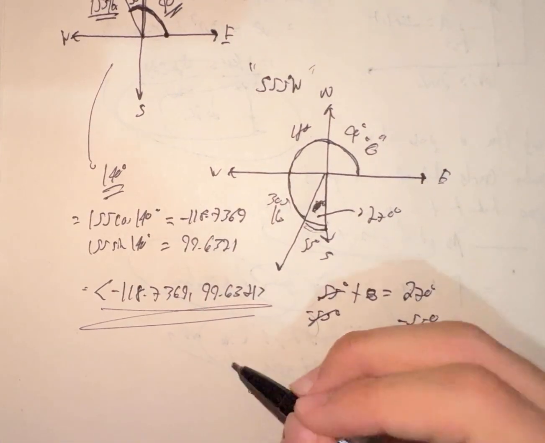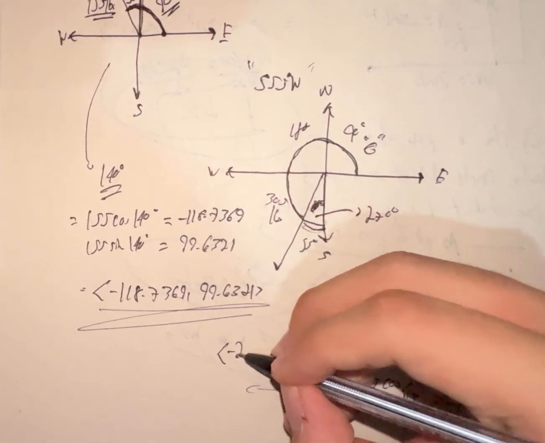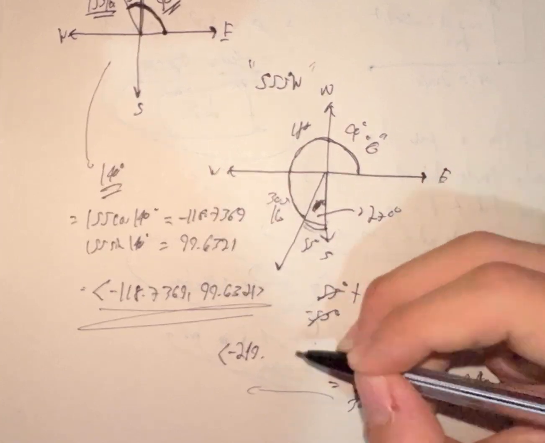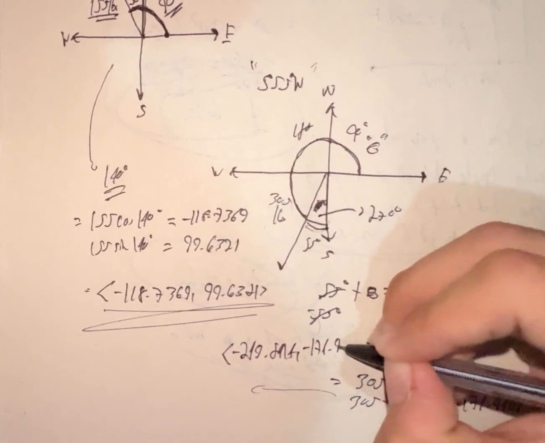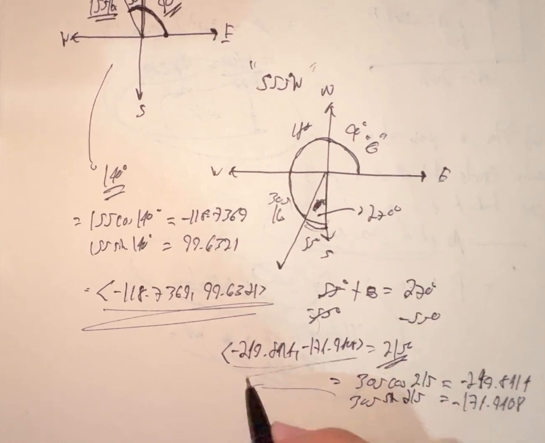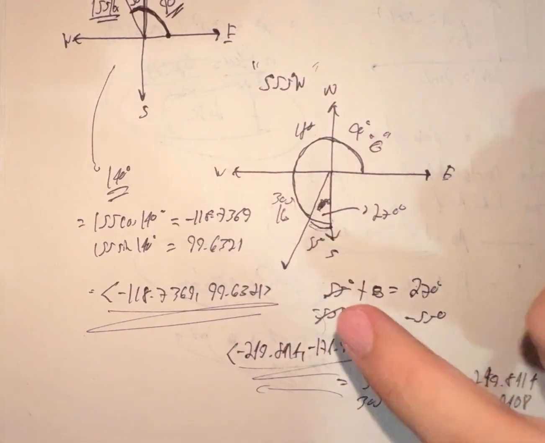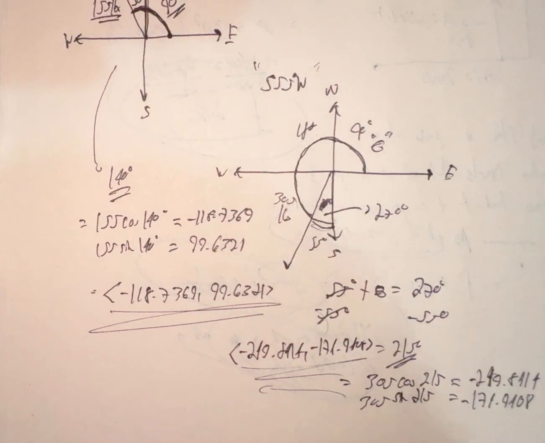Presenting that as a vector component, it would be negative 249.8414, negative 174.9408.